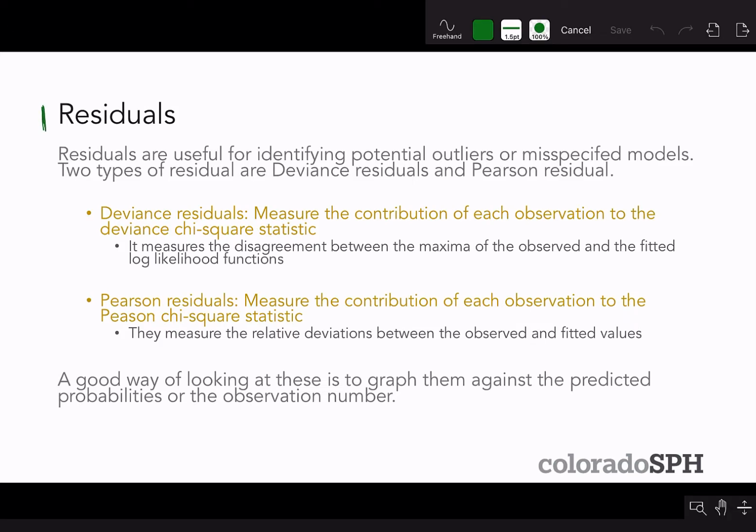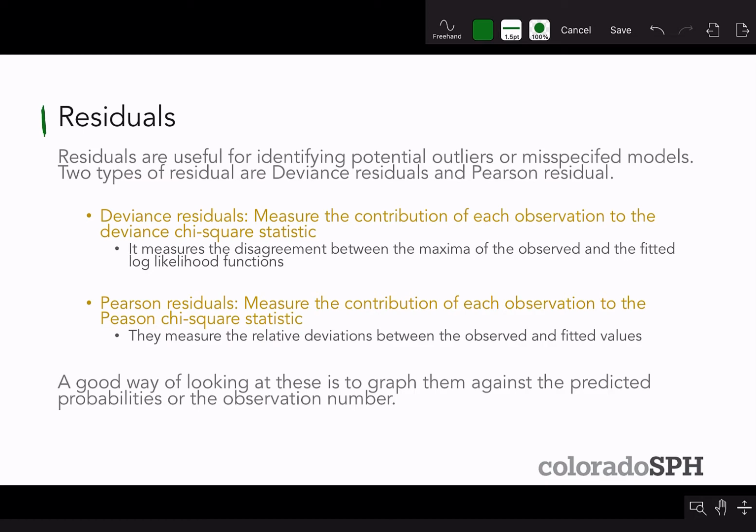So one type of diagnostic tool is the residuals. For logistic regression, there are two types of residuals that we might be interested in: the deviance residuals and the Pearson residuals. Both are useful for identifying potential outliers or misspecified models. The deviance residuals measure the contribution of each observation in your data set to the deviance chi-square statistic.